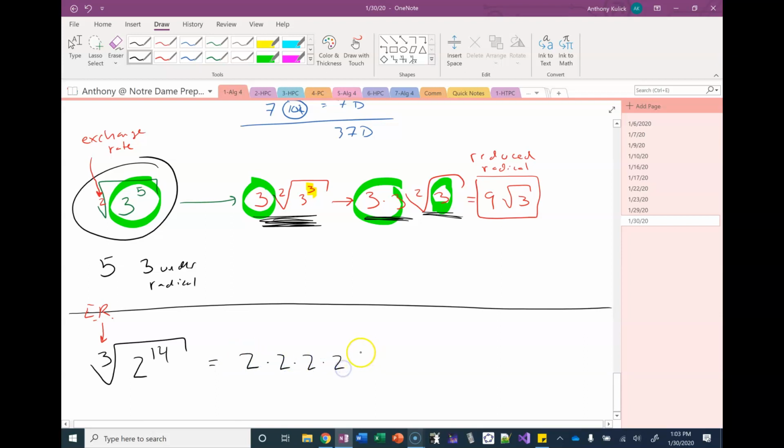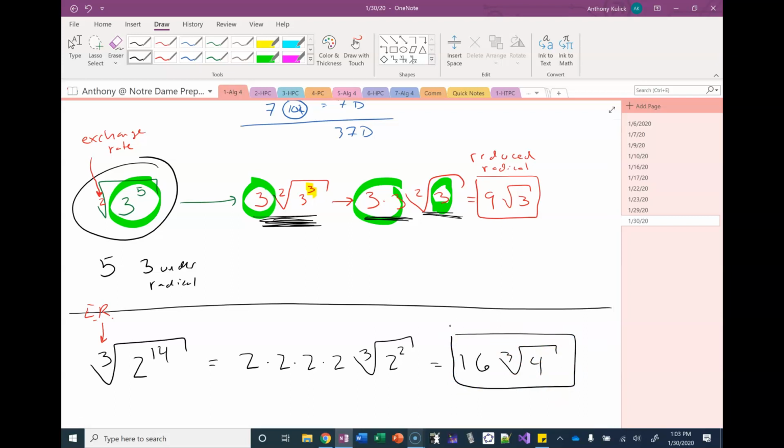If I do 4 exchanges, how many square roots of 2 are then left? 2. So we'd say that the reduced radical here is 16 cube root of 4.